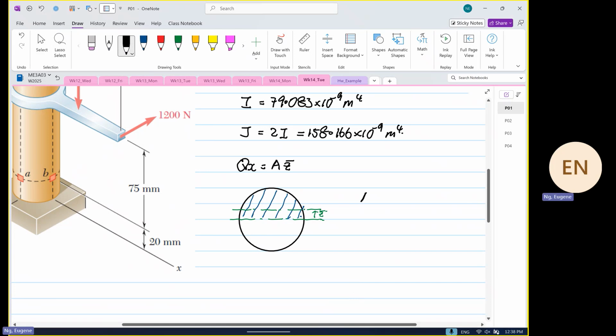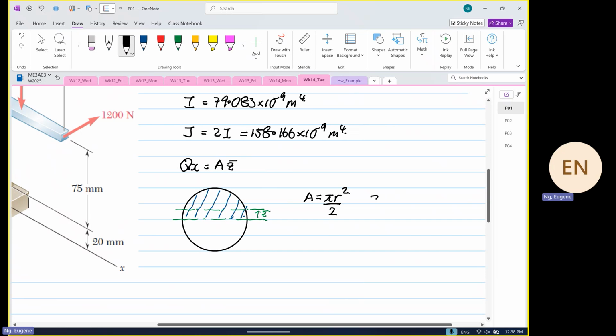So we know that our area is equal to pi r squared. Okay. The area is pi r squared over 2. And then Z bar, some students derive it, which I was really impressed, is 4r over 3 pi.